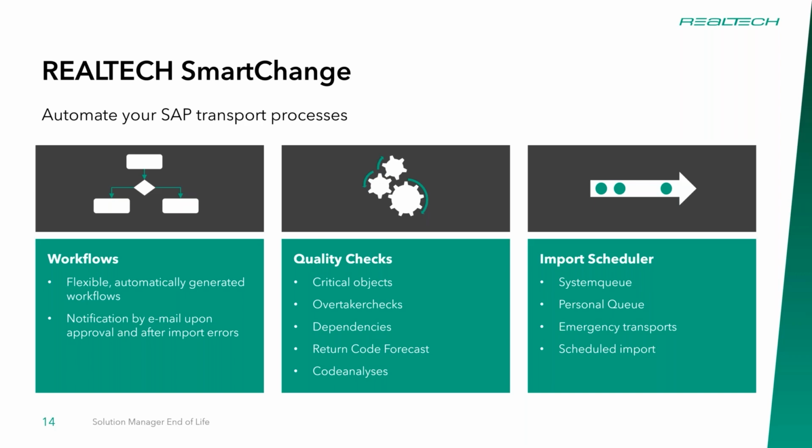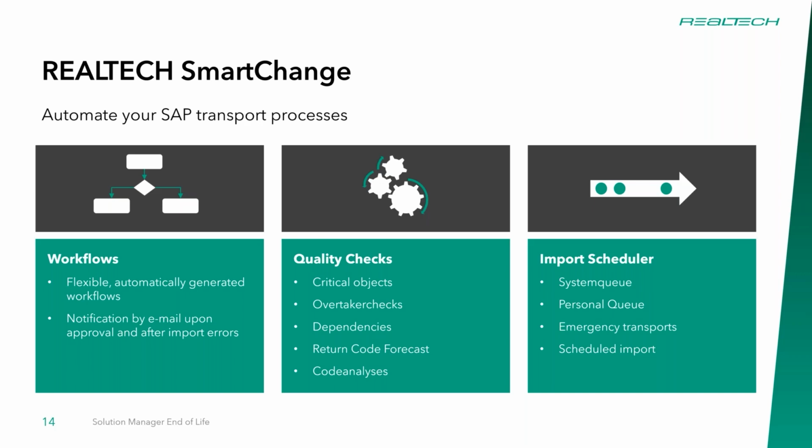So with that, of course, we also do the imports via our system queue, which is how we import transports into the systems 95% of the time. We have scheduled imports, so you can set up batch jobs and it'll push it in at the appropriate time. We have a personal queue. Let's say you have a transport that you don't want to wait for to go in at 5 o'clock on a Thursday.